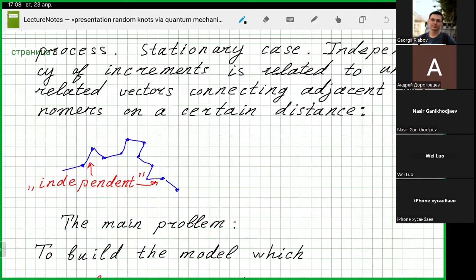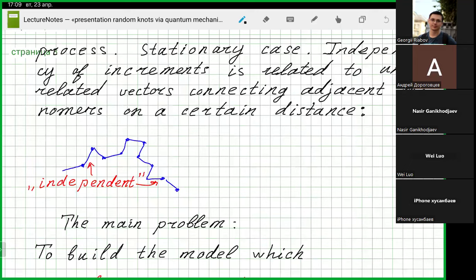So one can say, okay, let us take the process with independent increments but continuous. This is the Wiener process, and then let us consider its trajectories as a model of polymers.